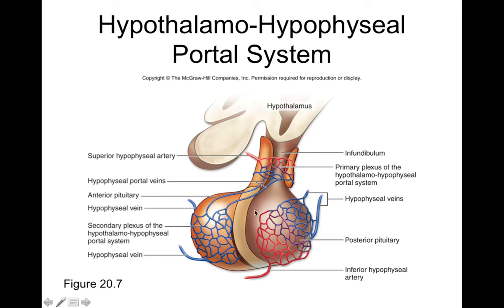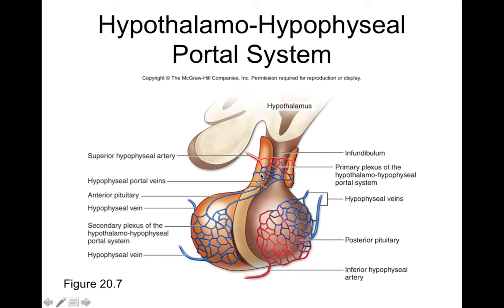Now, this differs from the posterior pituitary, because if you look closely here, you'll see that these blood vessels do not connect with blood vessels of the hypothalamus. With the posterior pituitary, it's not really involving communication of hormones between the hypothalamus and the pituitary.